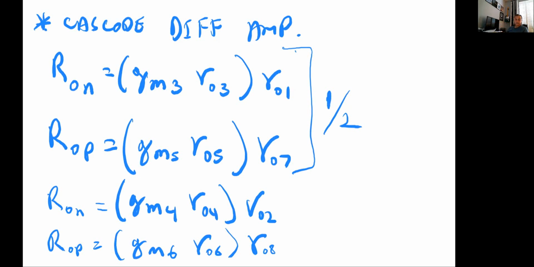And we can also see that the differential gain, according to each half, is the same as well. So this relies heavily on what we saw in the previous chapter when we were looking at the cascoding of the basic gain cell.